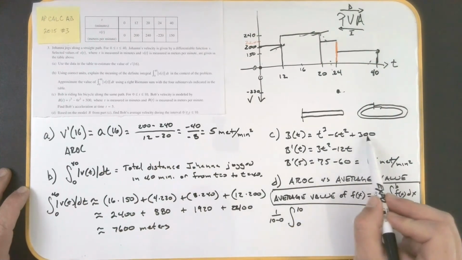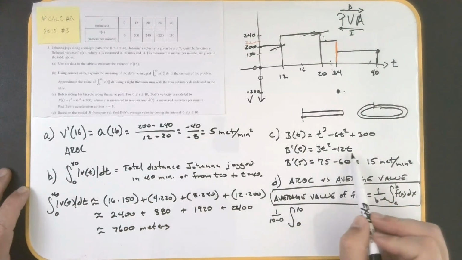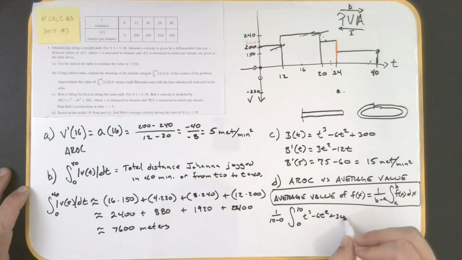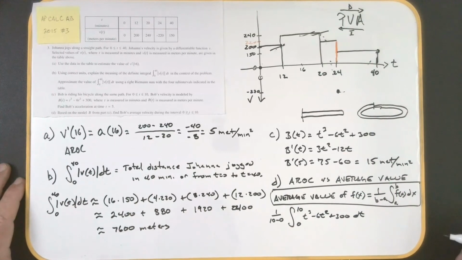Now Bob's velocity is up here. You got to make sure you use that function, not the derivative. Very easy mistake to make. And so I'm actually going to write that in here, t cubed minus 6t squared plus 300 dt. And if we can evaluate this, we'll get Bob's average velocity.